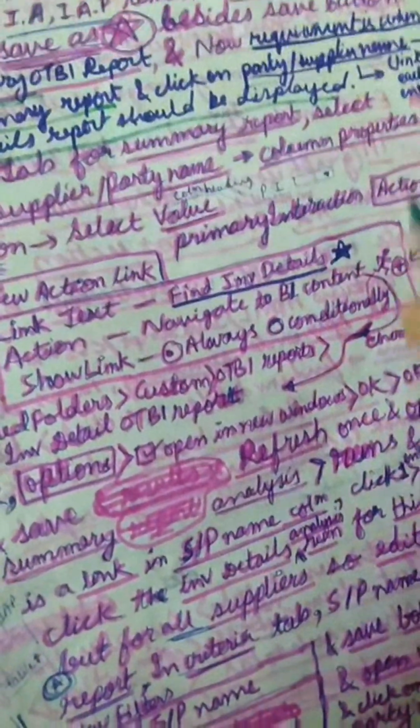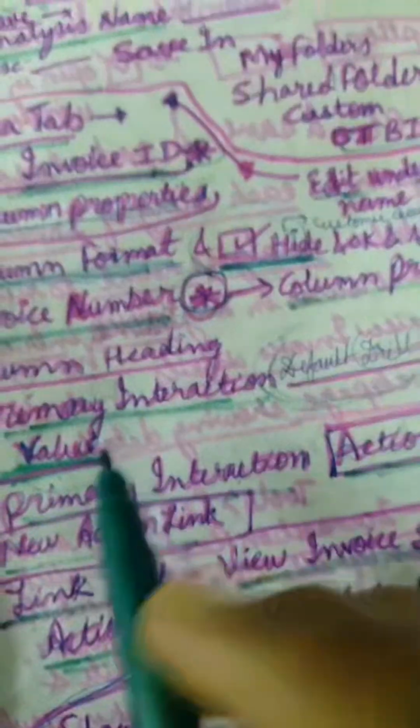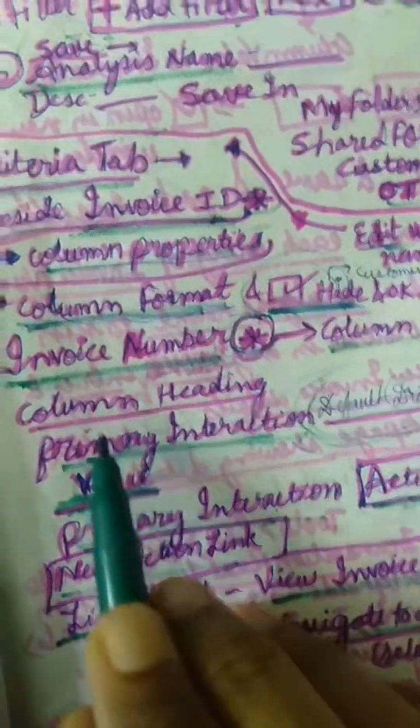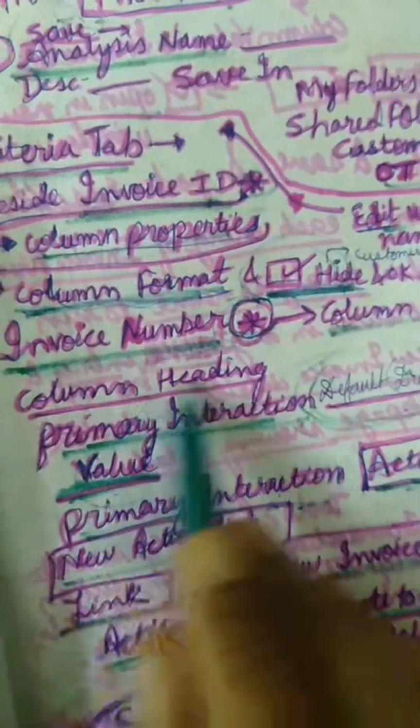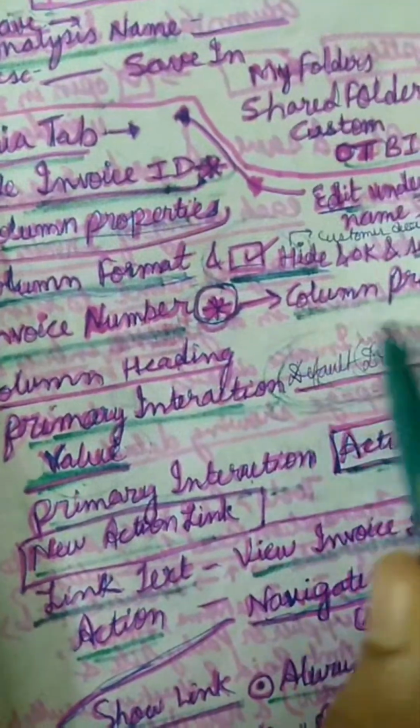Now for everything, usually you have a name and a value, right? So you have a column heading. In the previous one, as I showed, this one and this one are both primary interaction. One is the column heading section where you write the name. One is the value where you select a value.